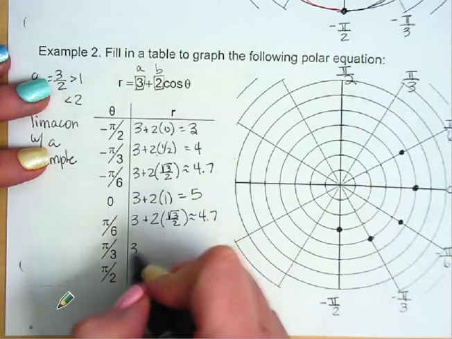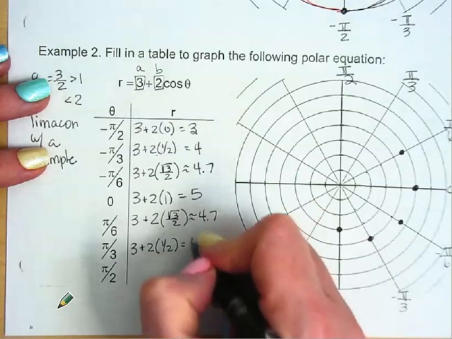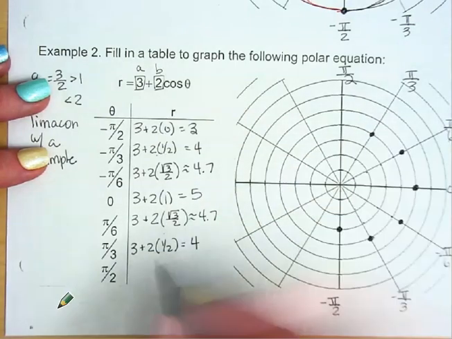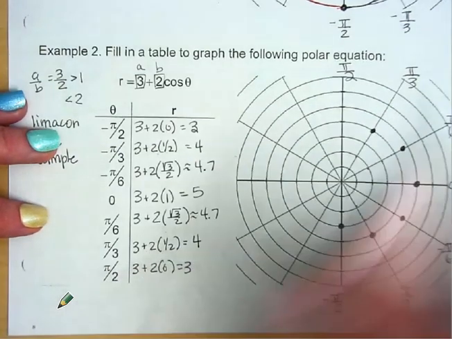Pi over 3 is 4. And then pi over 2 is 3.